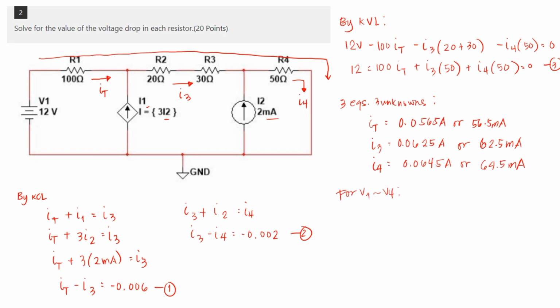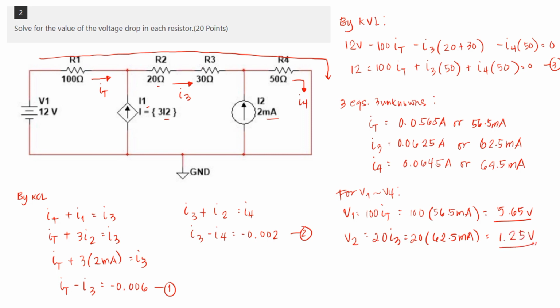For V sub 1 to V sub 4, our V sub 1 is equal to 100 I sub T, or 100 times 56.5 milliampere, and that's equal to 5.65 volts. Our V sub 2 is equal to 20 I3, or 20 times 62.5 milliampere, which is equal to 1.25 volts.